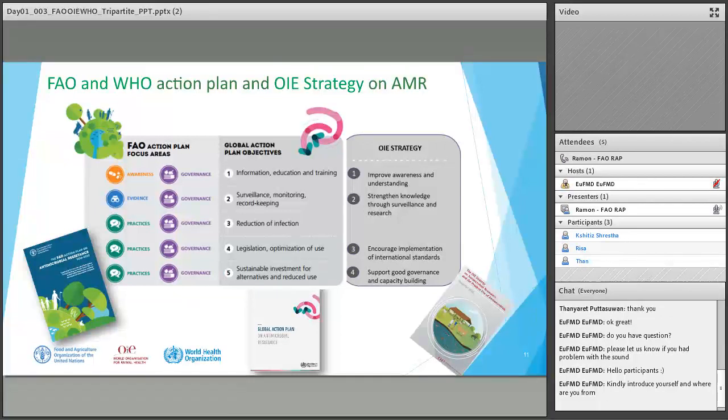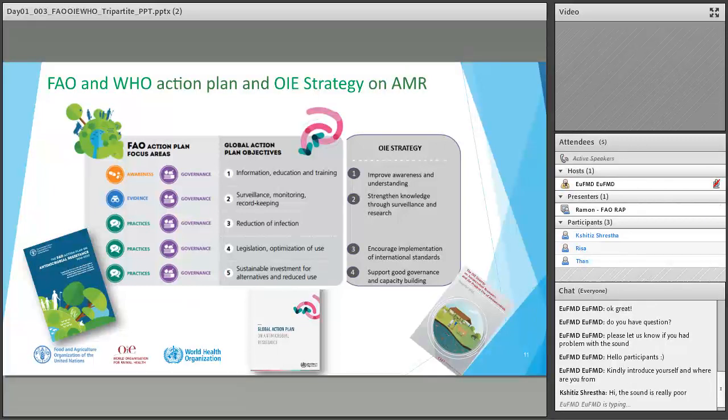And also OIE, to support the animal health sector, also published the OIE strategy for AMR and prudent use of antimicrobials. The first pillar is the improvement of awareness and understanding, which is correlating with Global Action Plan objective number 1.